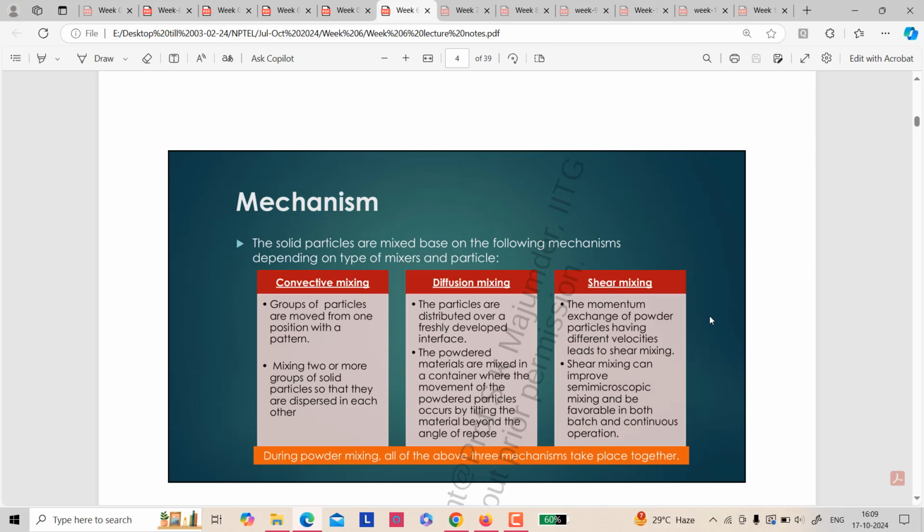The powdered materials are mixed in a container where the movement of the powdered particles occurs by tilting the material beyond the angle of repose. And the third method is shear mixing. Here, momentum exchange of powder particles having different velocities leads to shear mixing.